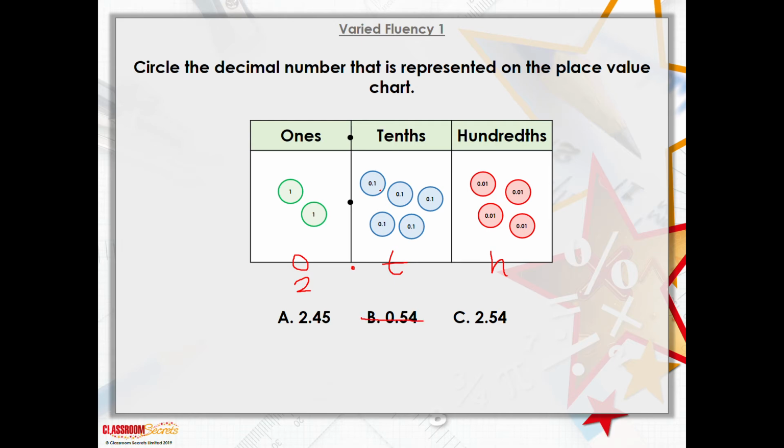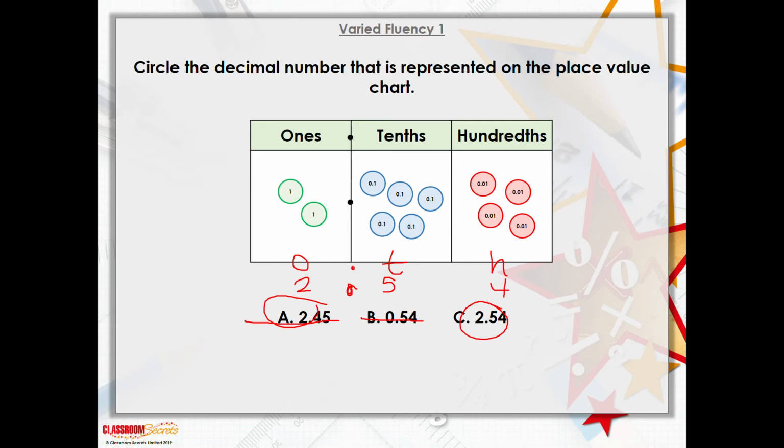I'm going to have a look at my tenths. I've got 1, 2, 3, 4, 5 tenths. So if I look at my numbers straight away, this number here has only got 4 tenths. So I'm going to take that number out. And how many hundredths? 1, 2, 3, 4. My number is 2.54. So I'm going to circle C.